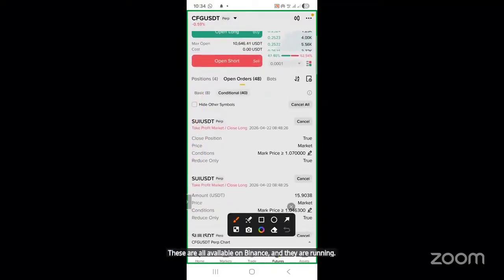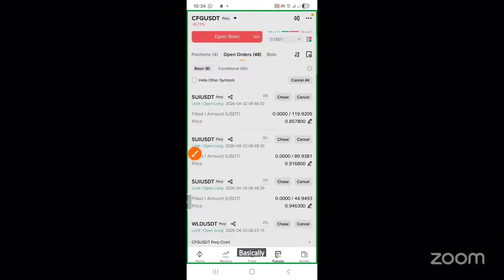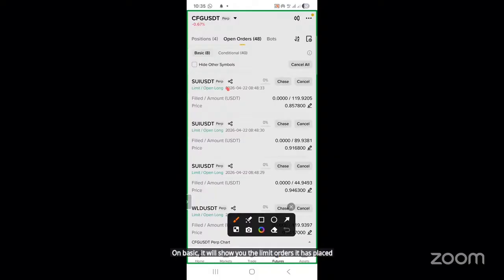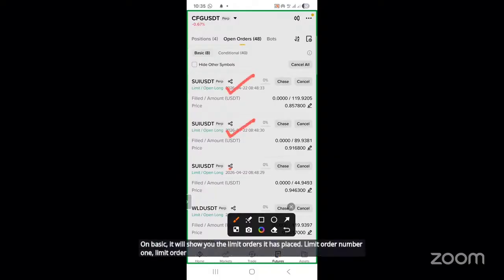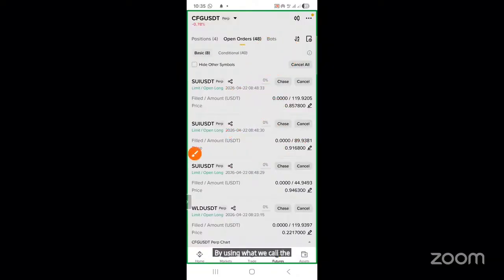But if you come here on basic, on basic, it will show you the limit orders it has placed. Limit order number one, limit order number two, limit order number three. As I told you, it enters with a small amount and places limit orders on proven support or proven resistance by using what we call the average true range.